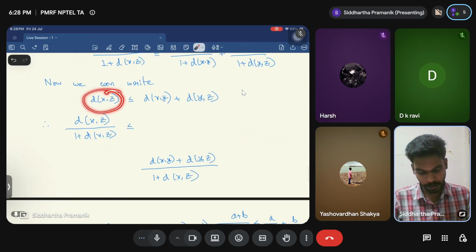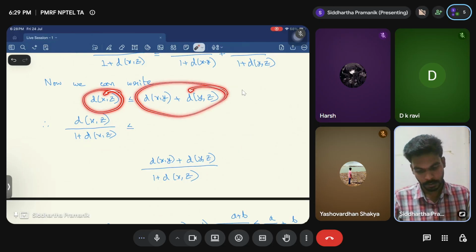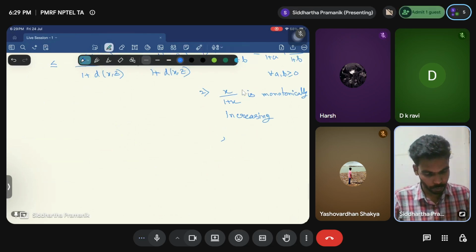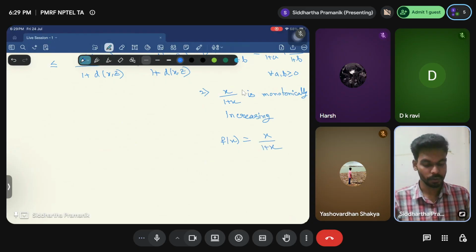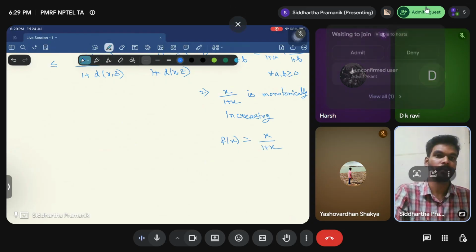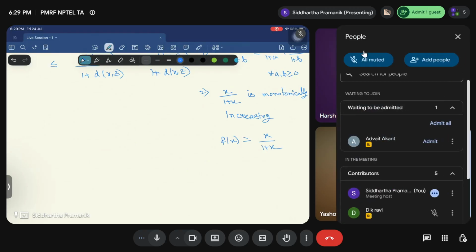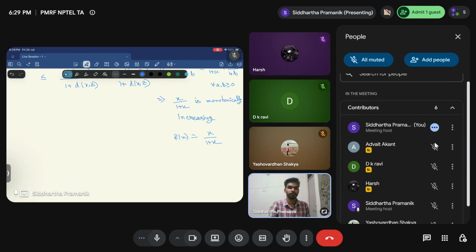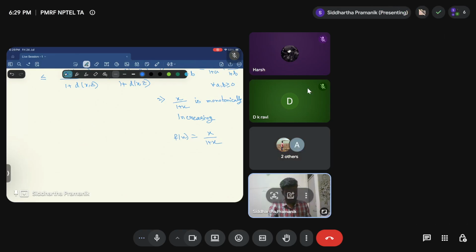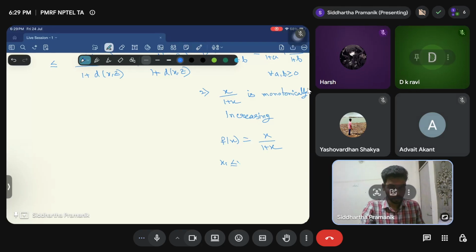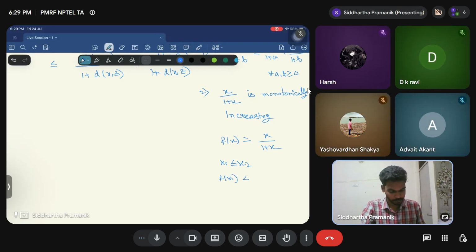So this number is less than or equal to this number. So if you put f of x as x by 1 plus x, so monotonically increasing means what? So if x1 is less than or equal to x2, then f of x1 is less than or equal to f of x2.